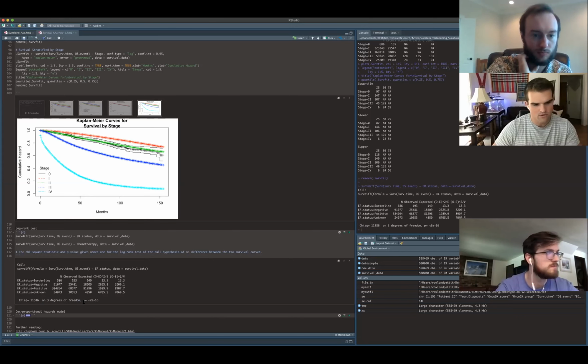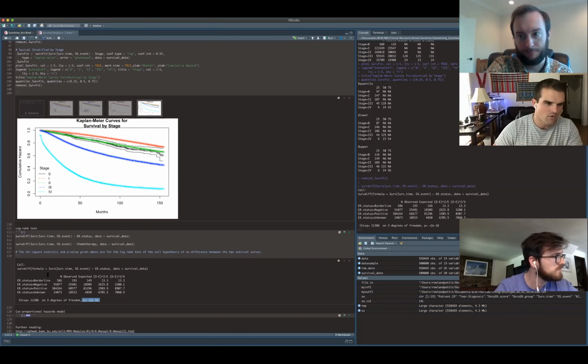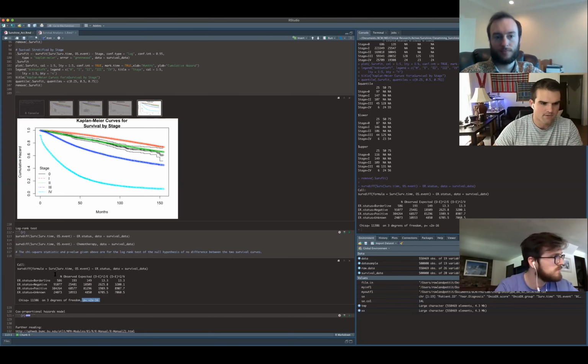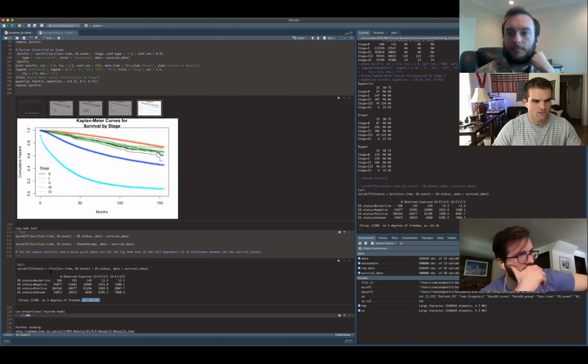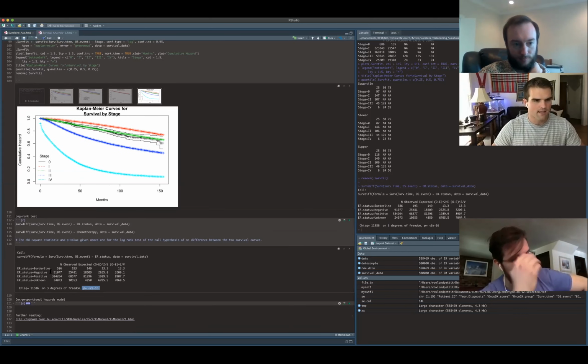P was 2 to the negative 16th, right? However, all this indicates is that at least one of the curves was different than the others, similar to ANOVA. So you can do this if you only have 2 curves in question and really determine which 2 curves are different.